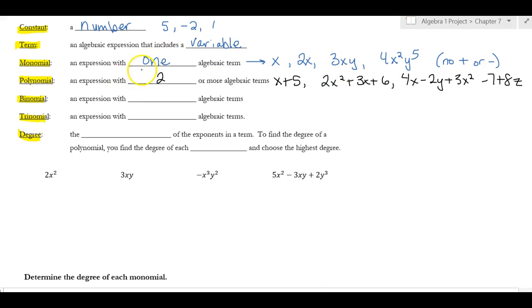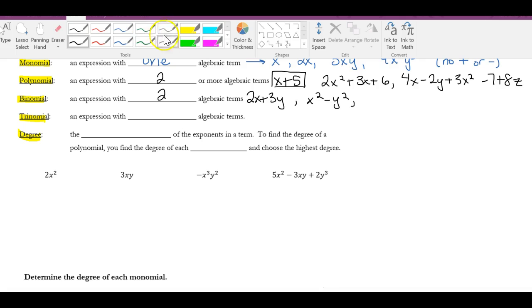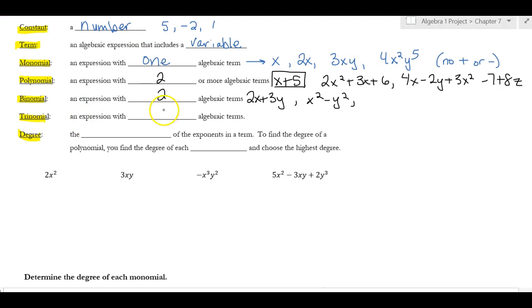When you have certain terms, though, a binomial is something with two terms. And so this one right here is a binomial because it has two terms. So another binomial could be something like 2x plus 3y, x squared minus y squared. Those are binomials. Okay, a trinomial is kind of what it sounds like. A trinomial has three terms. So this one here is a trinomial.